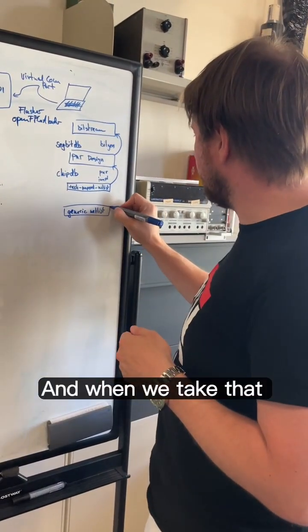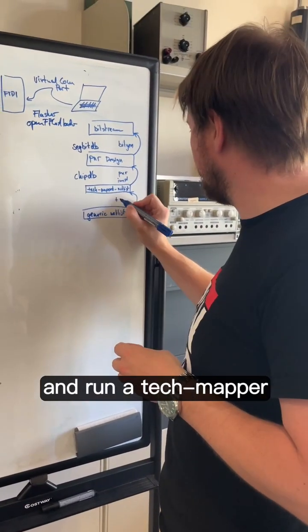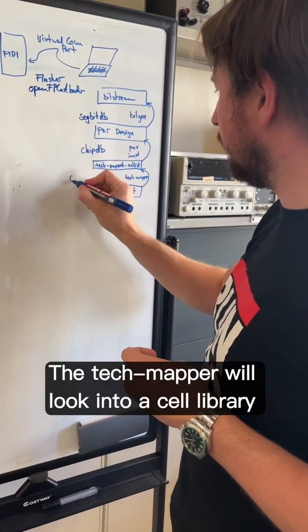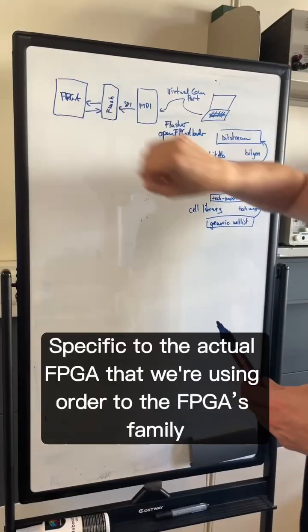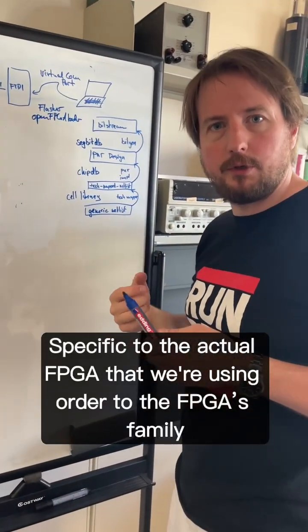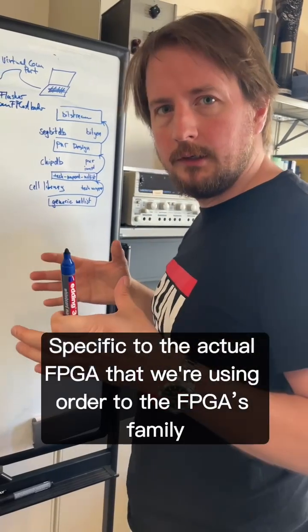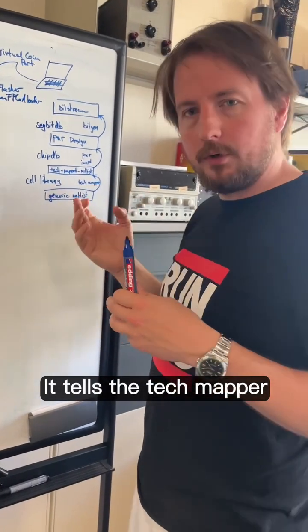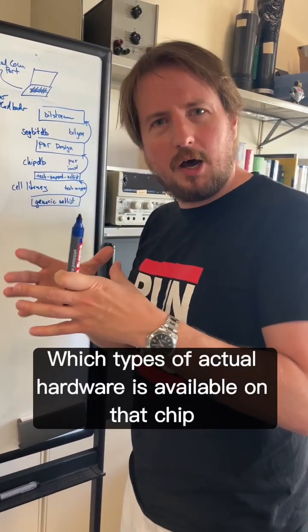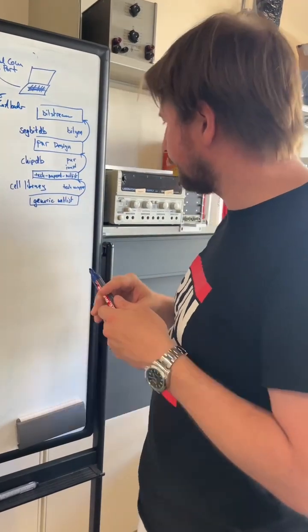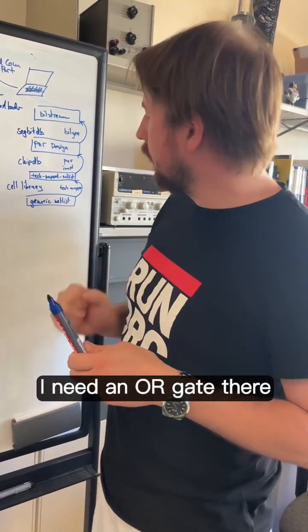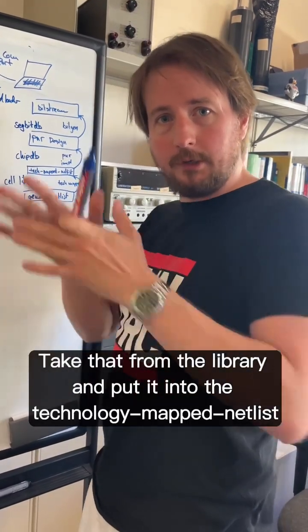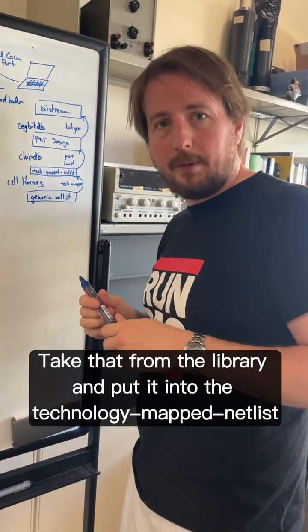When we take that and run a TechMapper, the TechMapper will look into a cell library. A cell library is also specific to the actual FPGA that we're using, or to the FPGA's family. It tells the TechMapper which types of actual hardware are available on that chip. Then it says, oh, I need an AND gate here, I need an OR gate there, take that from the library and put it into the technology mapped netlist.